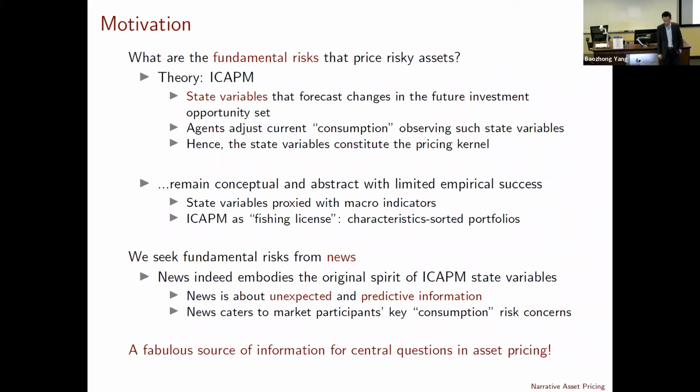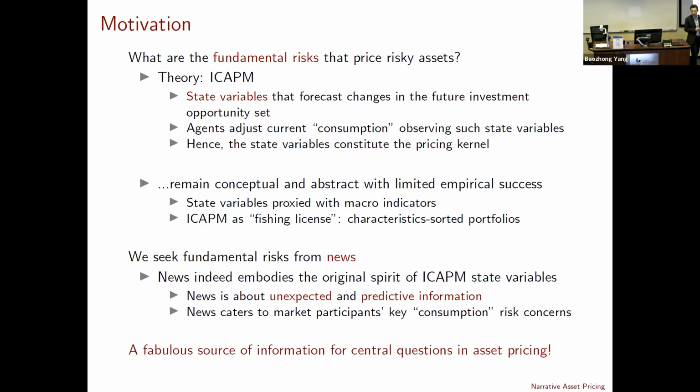So I guess for this audience, I'm almost preaching to the choir to say that news and textual data are really important. But the additional message I want to convey here is that news is really close to the central concept in this canonical asset pricing model.